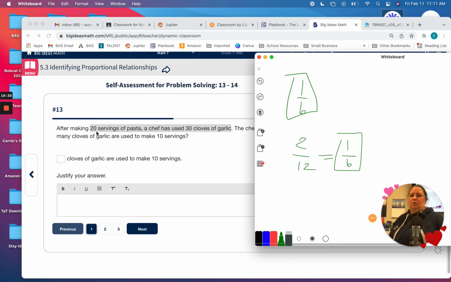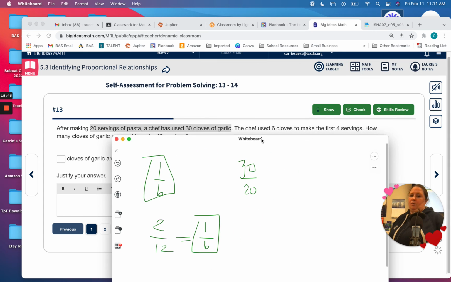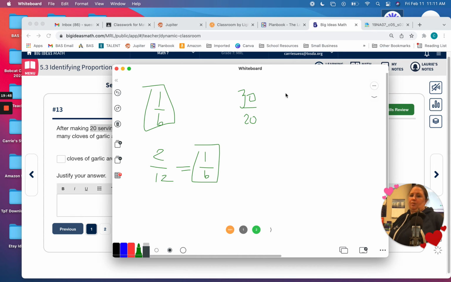So if I put garlic over pasta, so I have 30 over 20, you see how I have the garlic cloves on top? Then when I write the other proportion, I have to put the garlic on top. So garlic on top, servings on the bottom. That's how you make sure you write it correctly. The top has to be the same type, like in this case it's garlic. And the bottom, the denominator, has to be the same type. In this case it's servings.